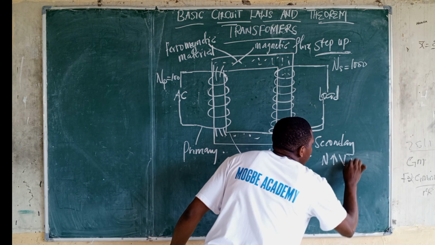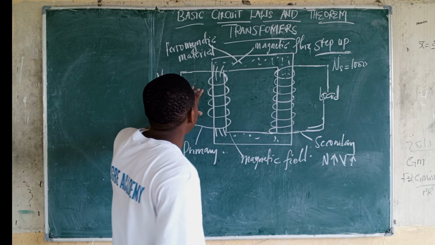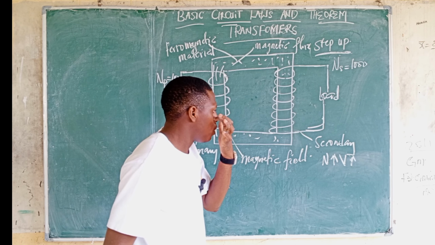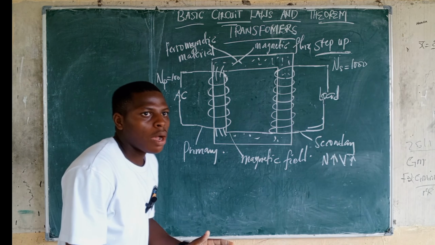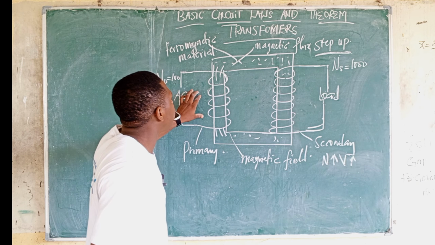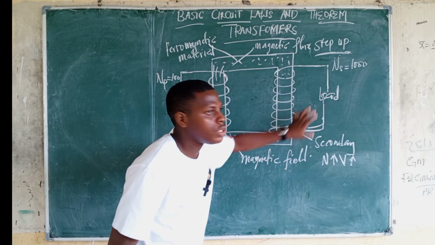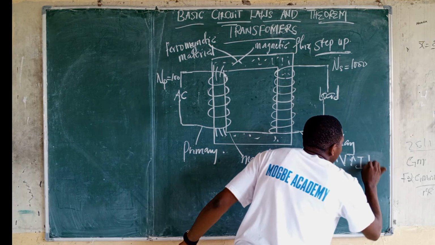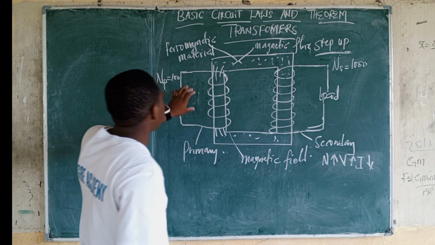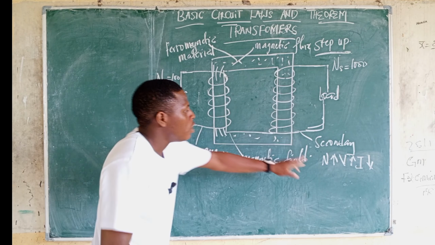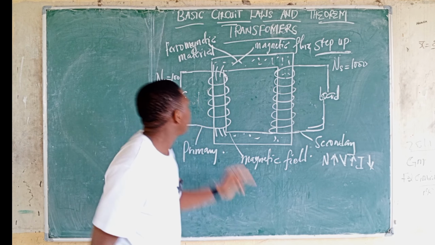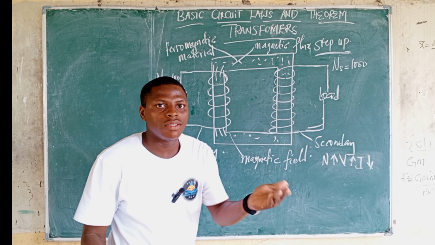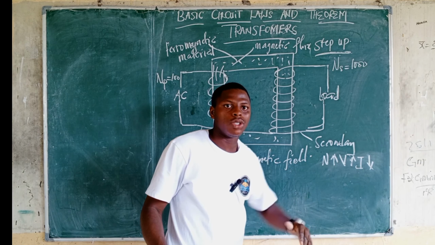So voltage increases as you move from the left side to the right side. But when we talk about current, when we move from primary to secondary, current reduces. So as we move from primary to secondary, the number of turns increases, voltage increases, but current reduces.